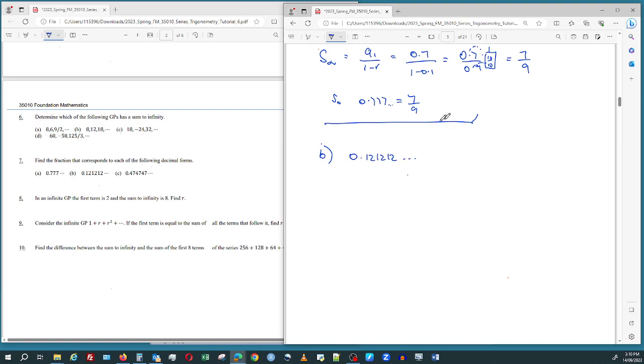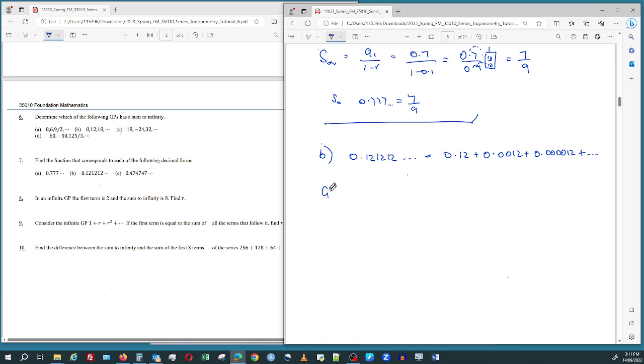0.121212 ... is equal to 0.12. Now we need to be careful here because we need to leave 2 decimal places, 2 zeros. So 0, 0, 1, 2 will get us the second pair, and then we need to do it again, 0.4 zeros, 1, 2, to get our final part.